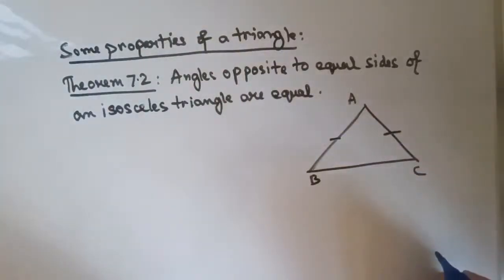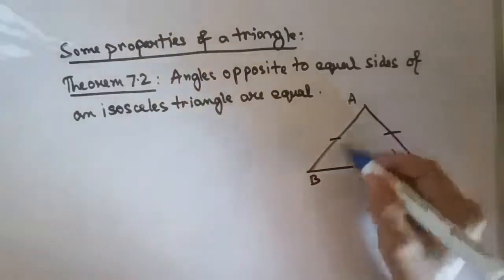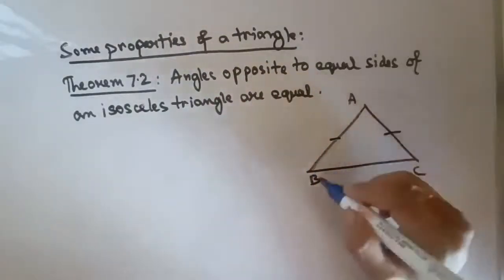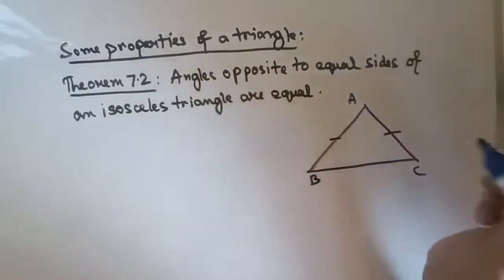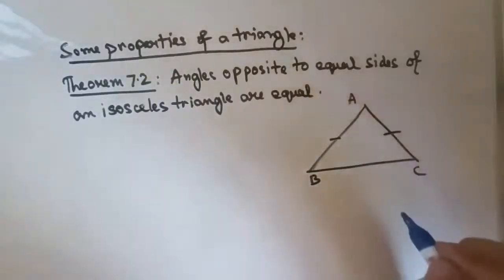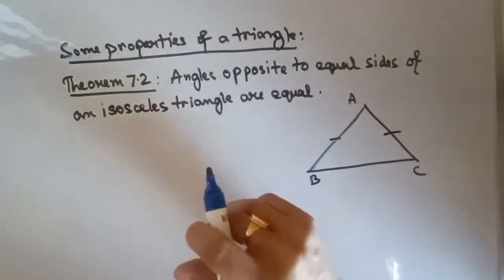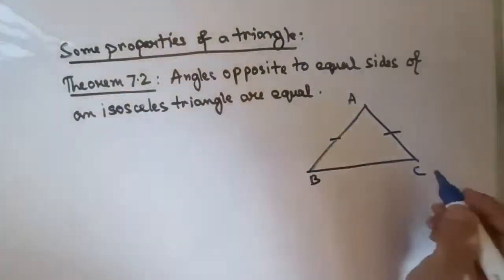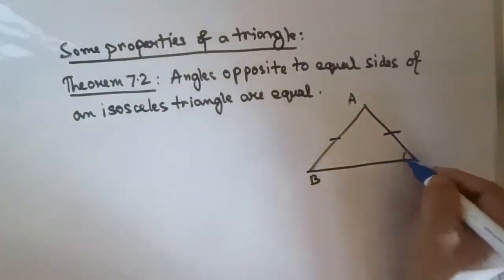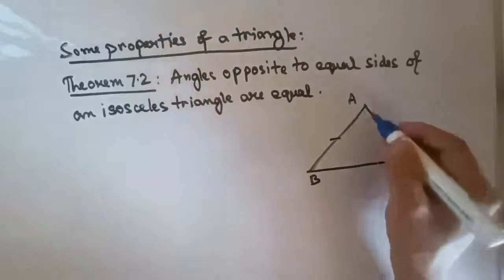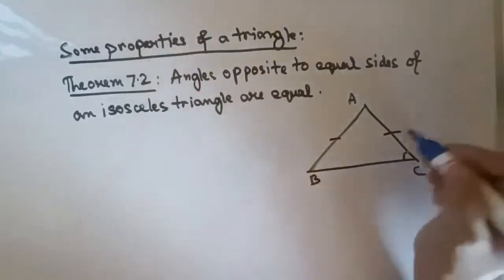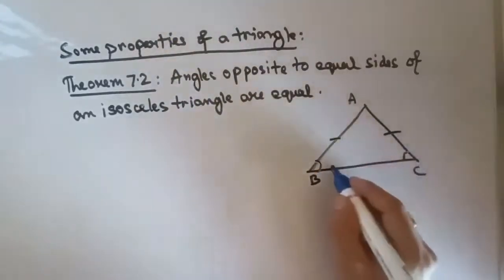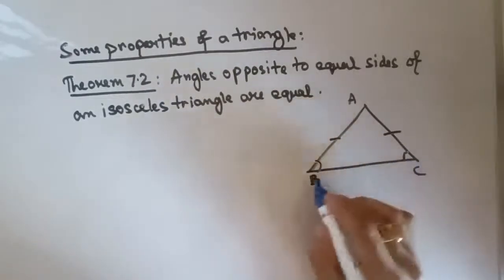Remember that an isosceles triangle is a triangle in which two sides are equal in length. So according to this theorem, angle C opposite to the side AB and angle B opposite to the side AC are of equal measure.